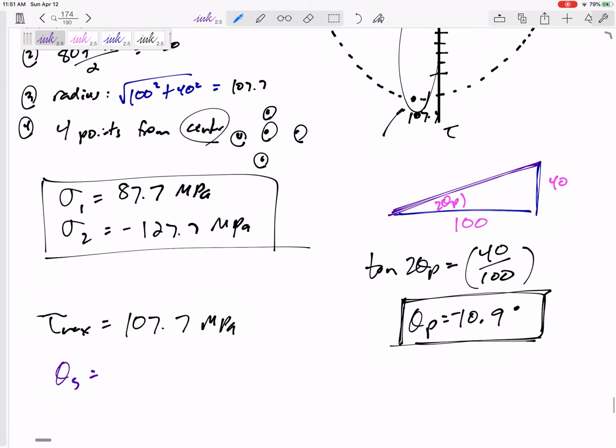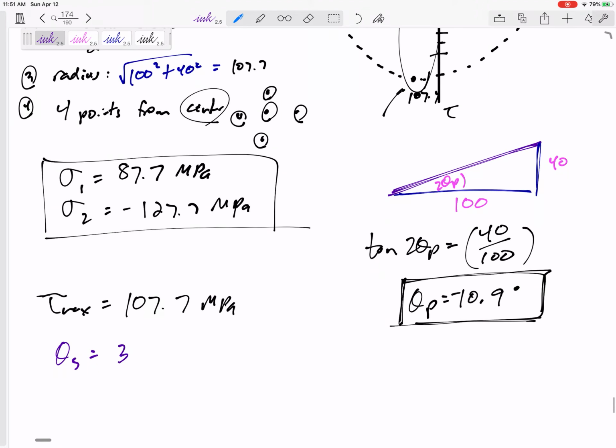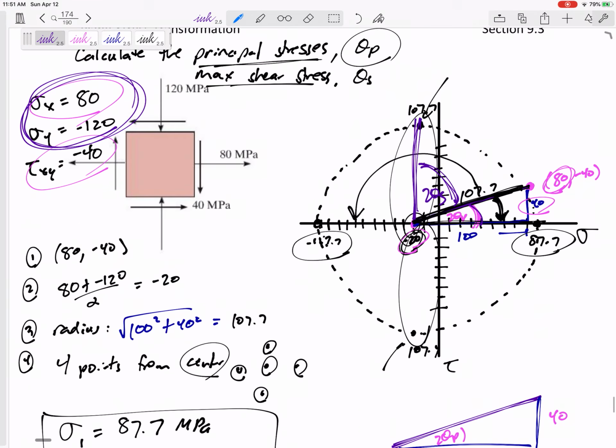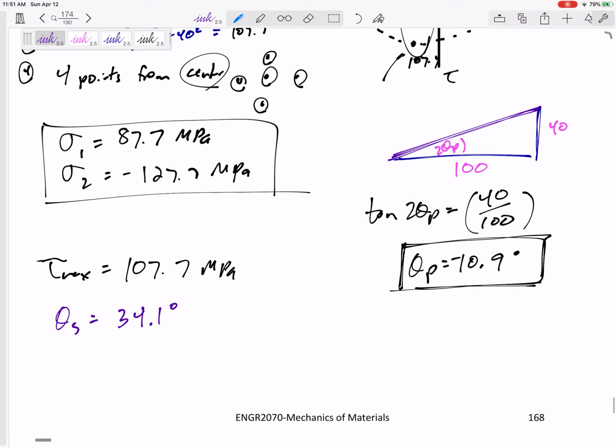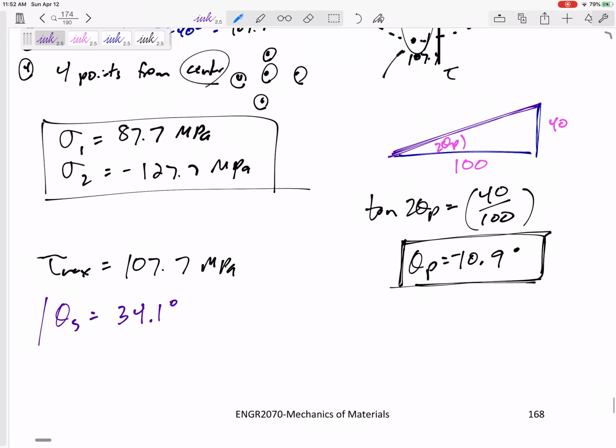No matter how we get it, I would get my theta S positive 34.1. Why positive? Because I had to go counterclockwise in order to get to this vertical angle. Are these two angles 45 degrees away from each other, hopefully? Yes.